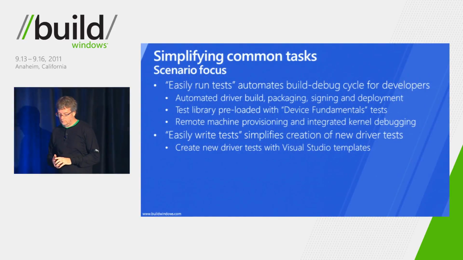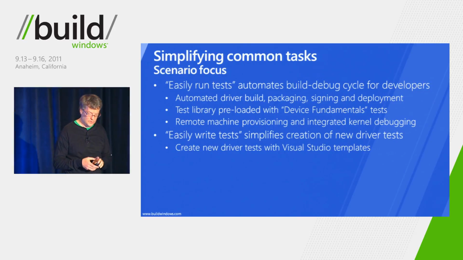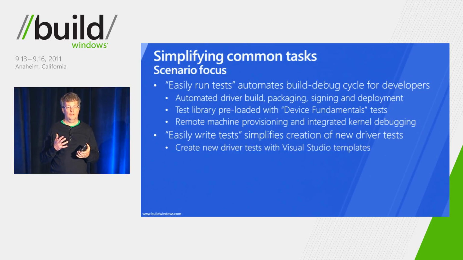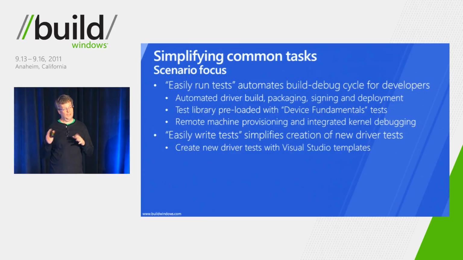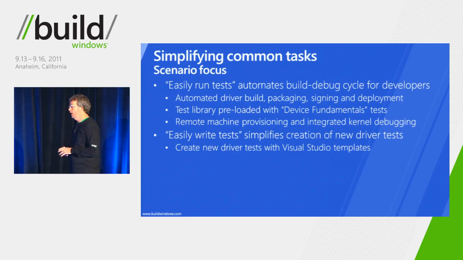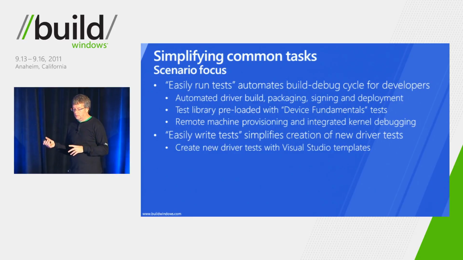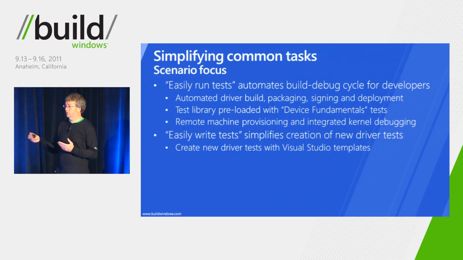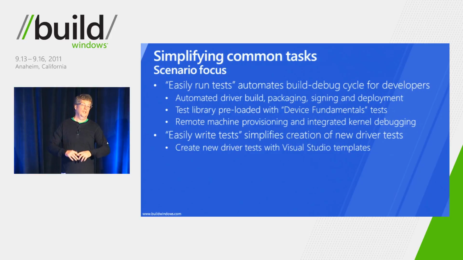Okay, so moving on to the third section, and I mentioned at the beginning of the talk that we focus a lot of effort on looking at common scenarios that we know our partners do every day and trying to make those a lot easier. The guys in our quality team do not particularly like the fact that I refer to these as easily run tests and easily write tests, because there's a whole bunch of interesting technology under both of those.